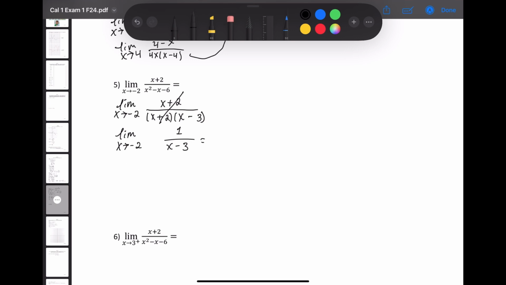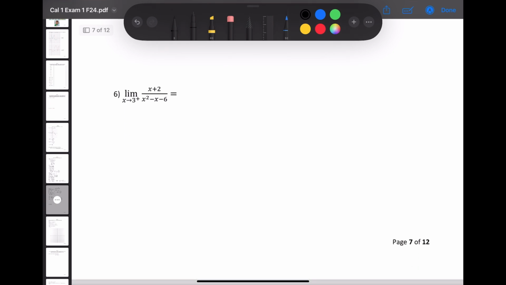So 1 over negative 2 minus 3 gives us 1 over negative 5. Rewrite that, and that's your answer.